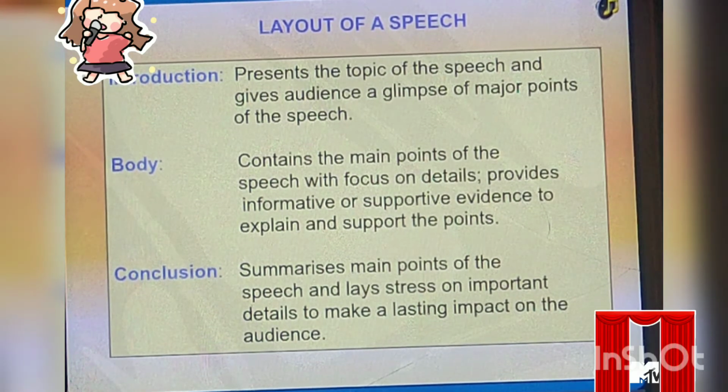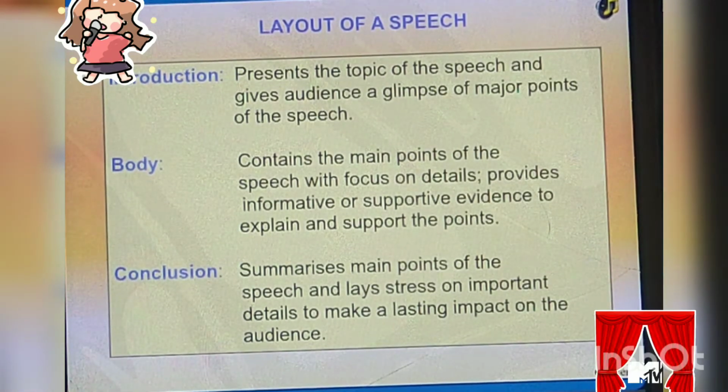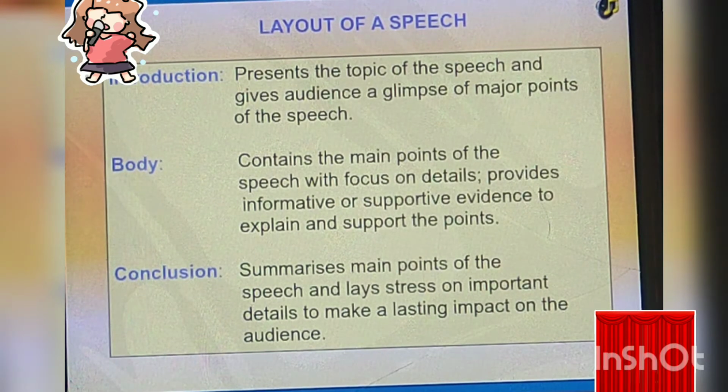Then finally you have the conclusion, summarizes main points of the speech and lays stress on the important details, yes, which has a lasting impact on the audience.